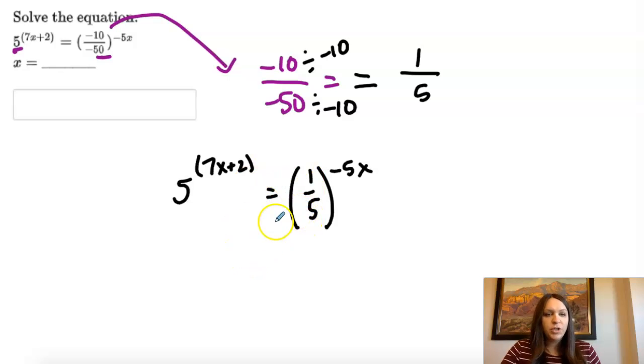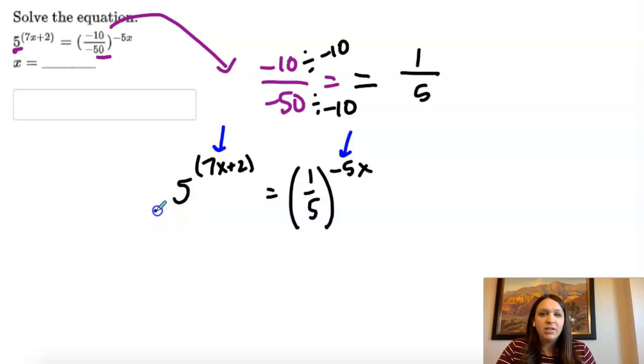So we're super close to having these the same. So what we do is when we want to change the sign of this, maybe you remember, cross the line, change the sign.